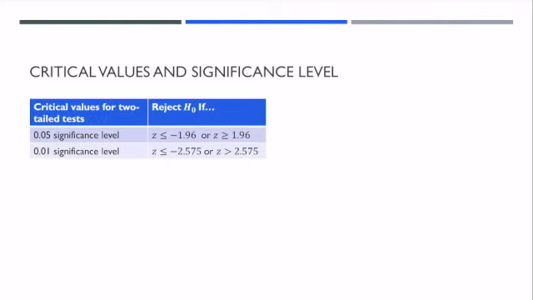Let's take a look at the critical values for two tails. Our critical values for two tails are a little bit different, and here is why. So we're looking at a two-tailed test.